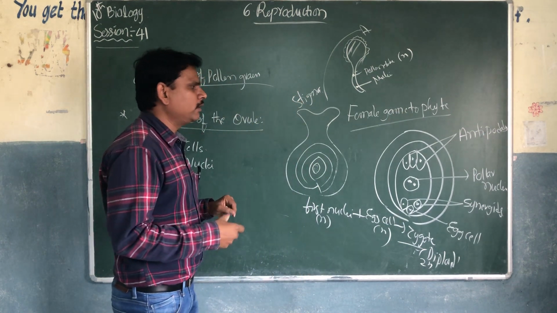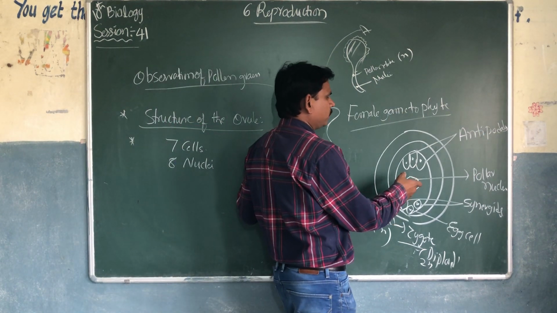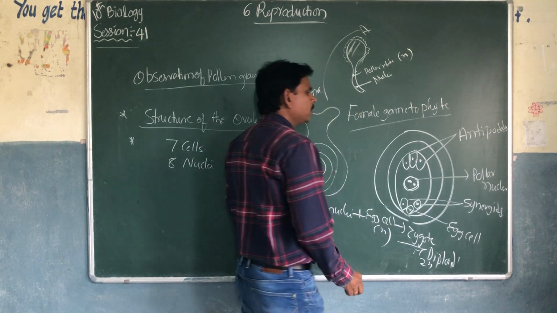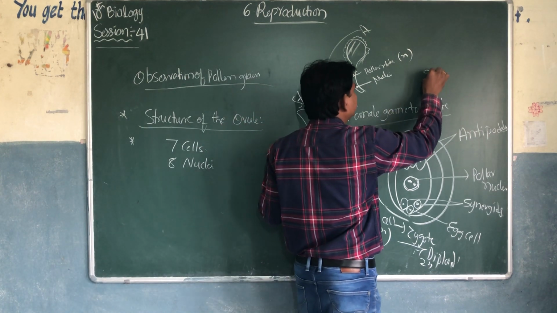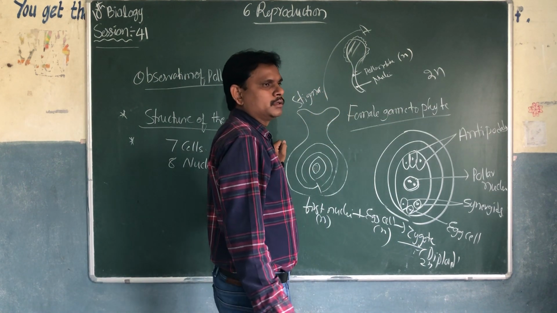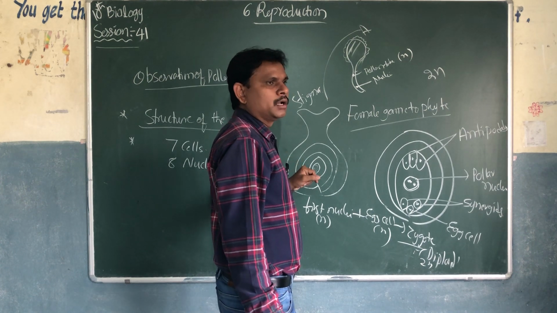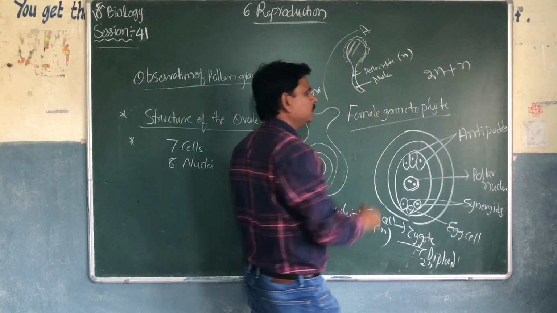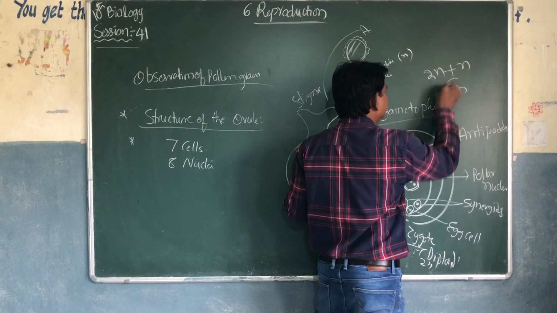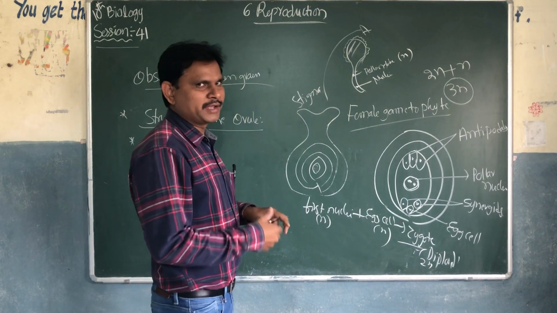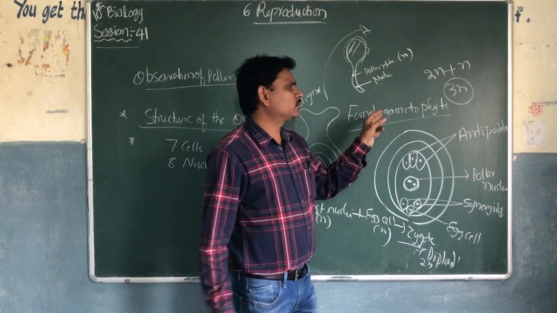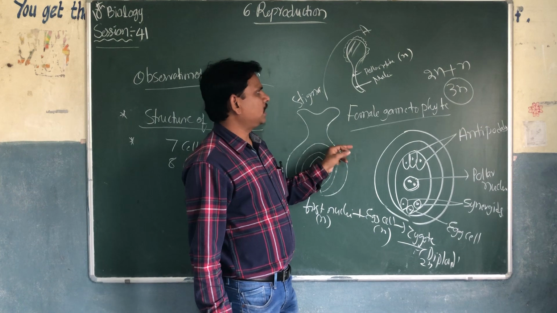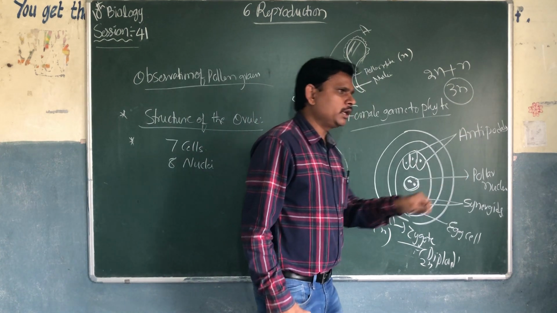This second nucleus will enter through the micropyle into the embryo sac and fuse with the polar nuclei. The polar nuclei already have 2 nuclei, so they are already diploid. So this fuses with the single N from the pollen tube to form 3N, triploid. This is the second fertilization, the fusion of the second nucleus and the polar nuclei.